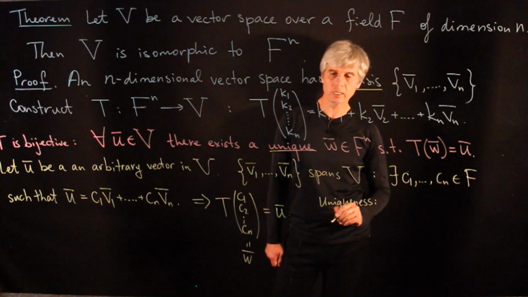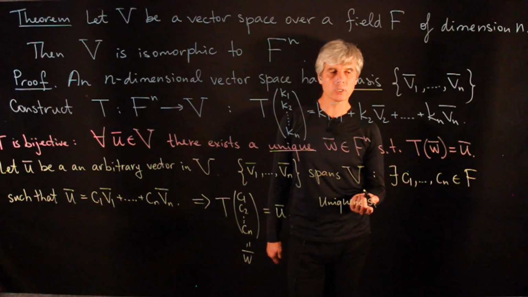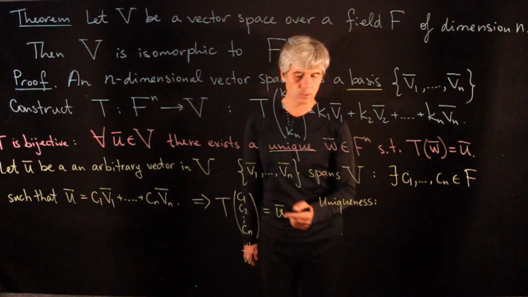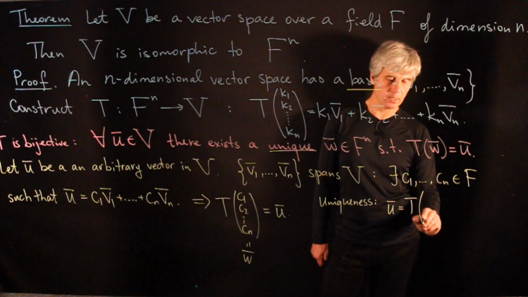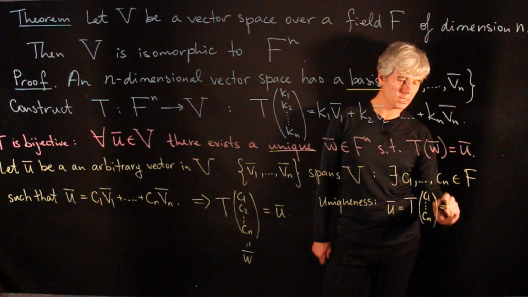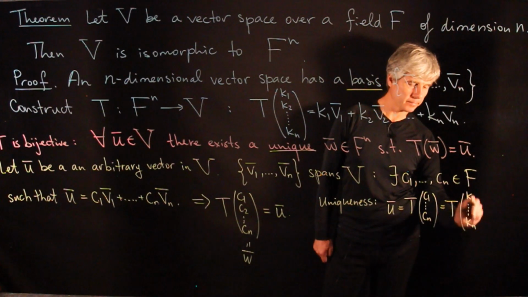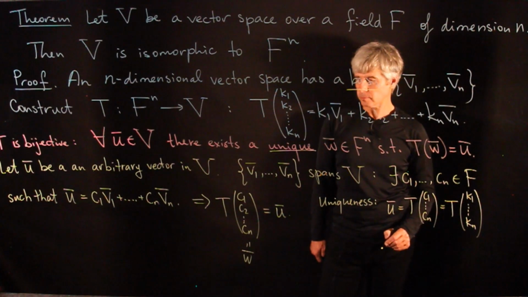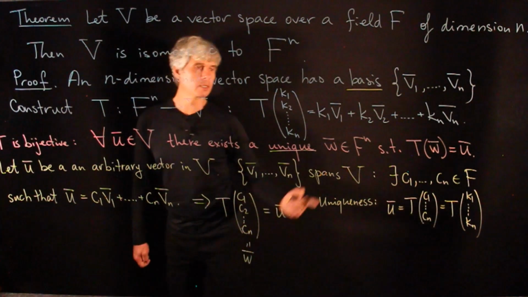To prove uniqueness, we make an assumption that two vectors are mapped to the same vector U. That U is T of C1 ... Cn, and also it is T of K1 ... Kn. Now, what would this equality mean?